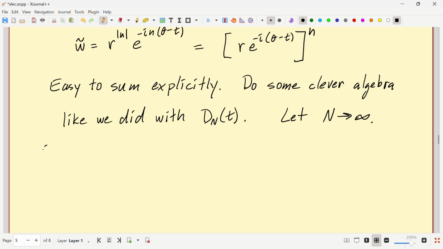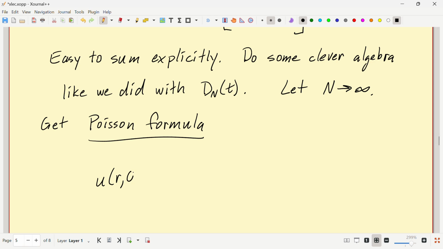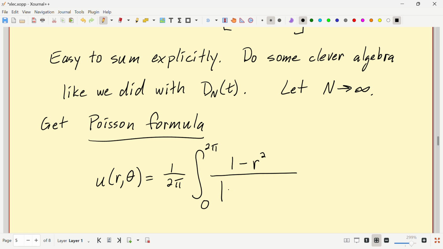We get this famous formula called the Poisson formula for the solution to the Dirichlet problem, which is that u of r theta is equal to 1 over 2 pi times the integral of 1 minus r squared over the absolute value of r e to the i theta minus e to the i t, squared, times f of t dt. That thing is called the Poisson kernel.